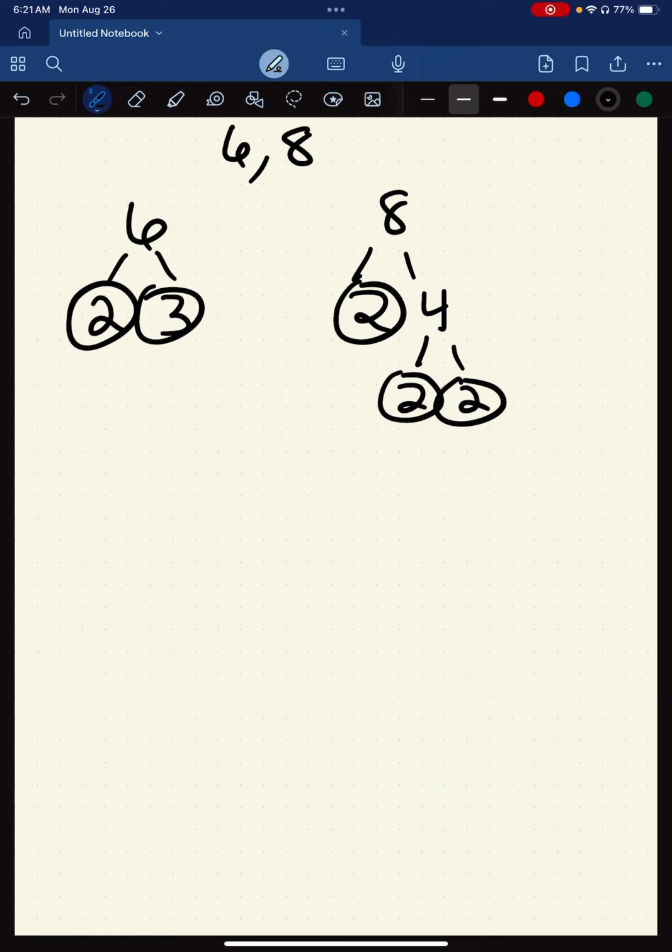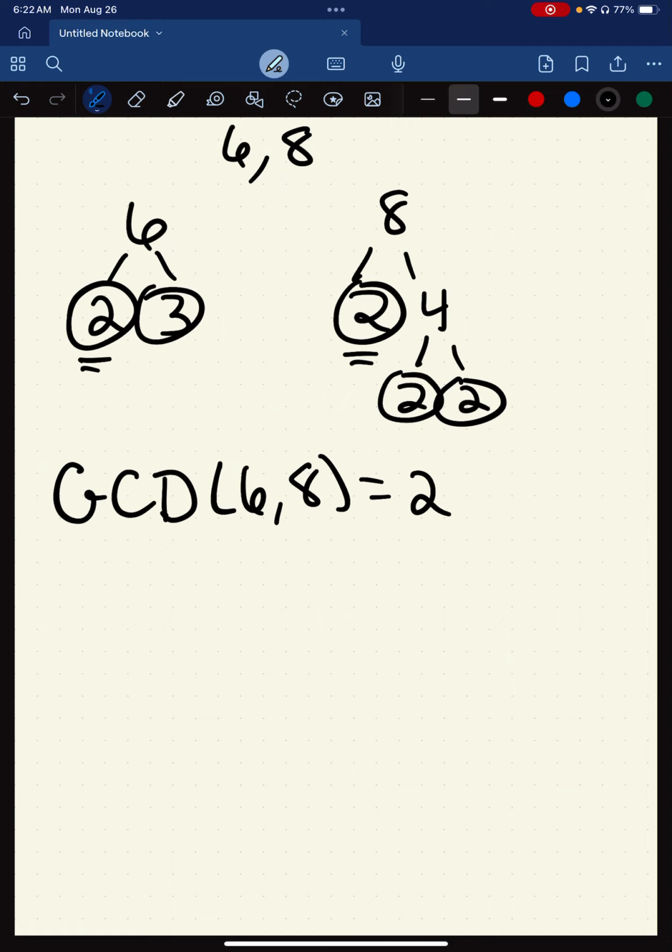The greatest common divisor in this is 2, because it's the thing that's circled that appears in both places. And so the greatest common divisor of 6 and 8 is 2.